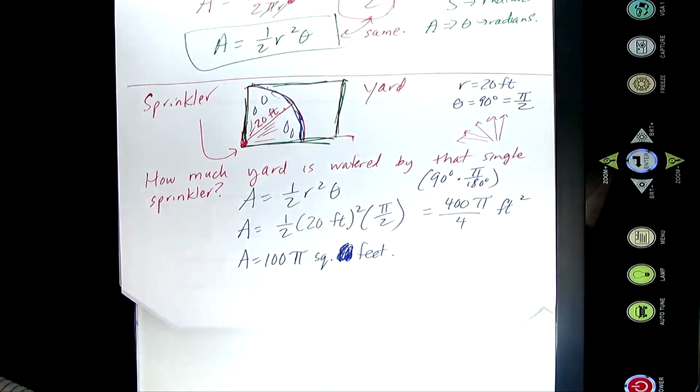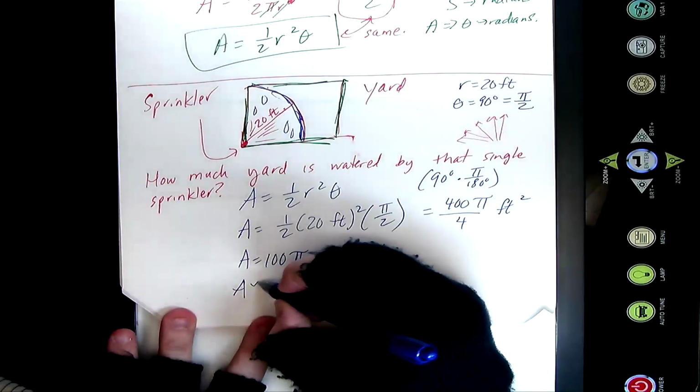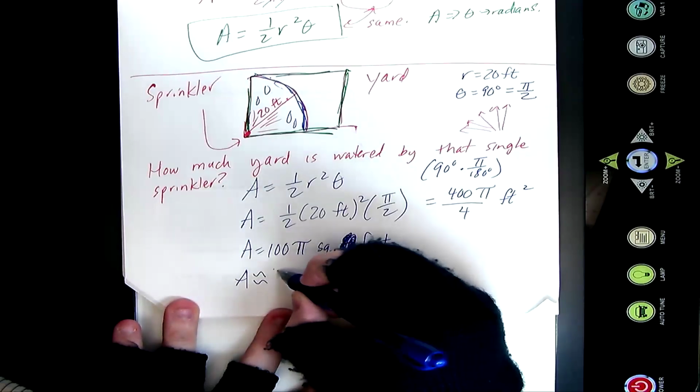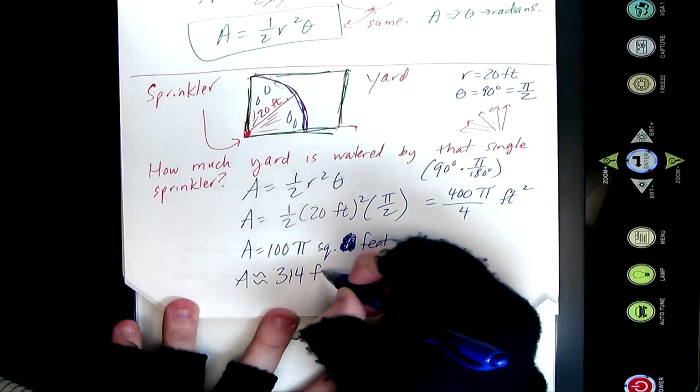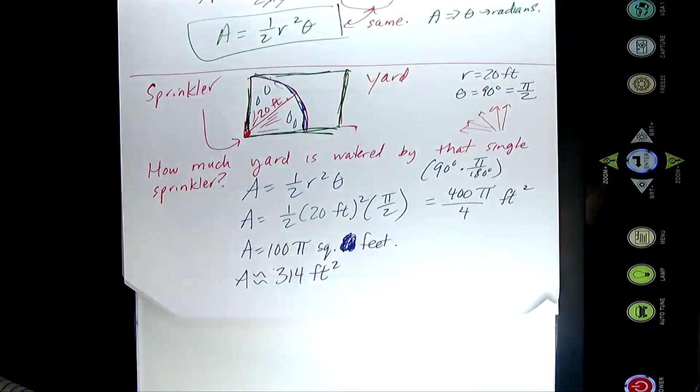But 100 pi isn't all that helpful. Knowing it's 100 pi, with pi being 3.14 times 100, this is approximately 314 square feet. There are some more decimals there, but.